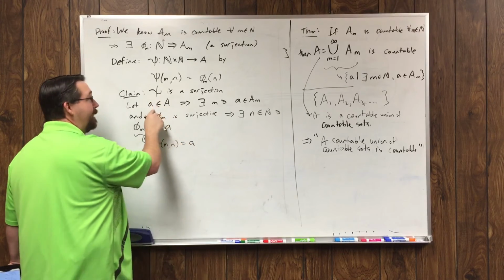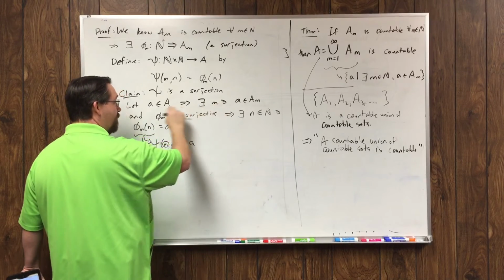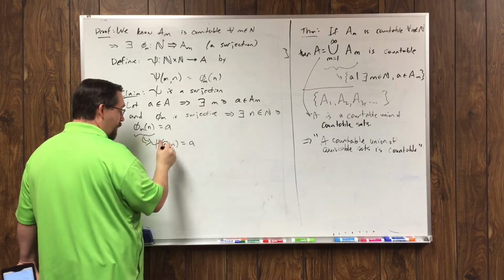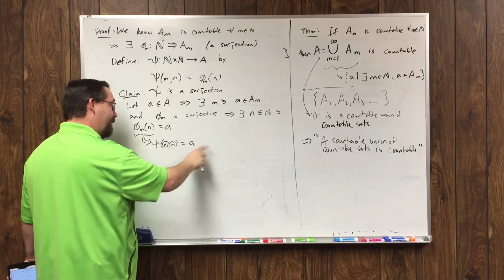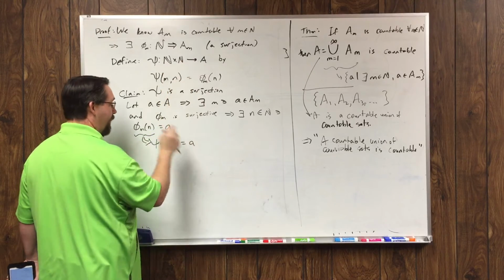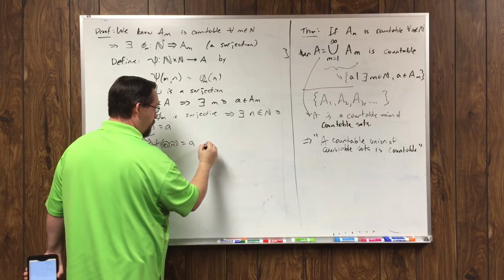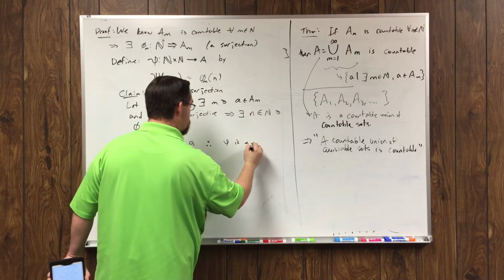That is, picking any point out of here, I have found now an m, which I know exists because of this being a union, and this n exists because phi sub m is a surjection. Now we have found the pair, that is the element of this set, that maps to my a. So QED, or therefore, c is a surjection.